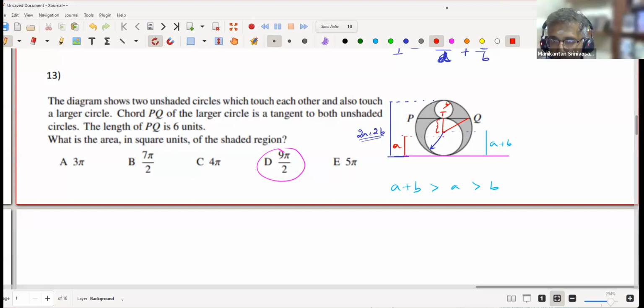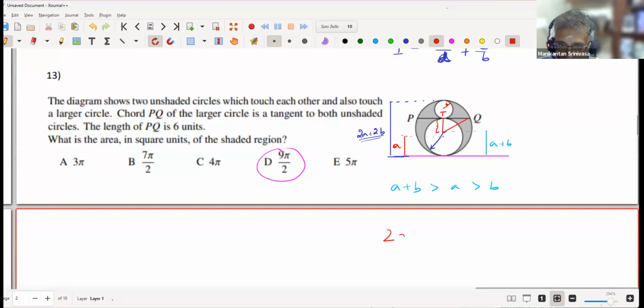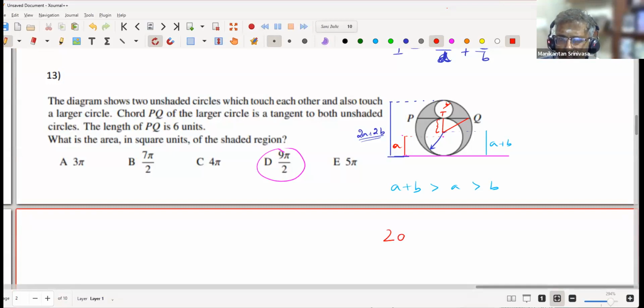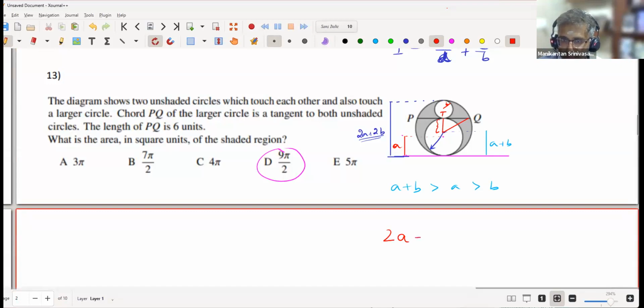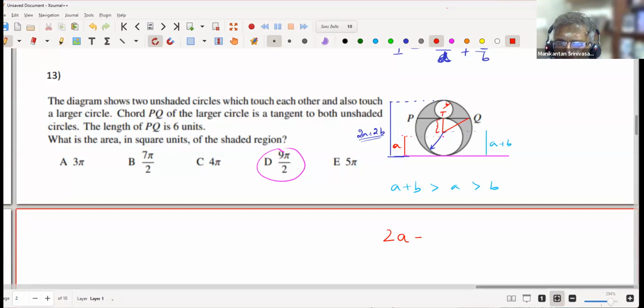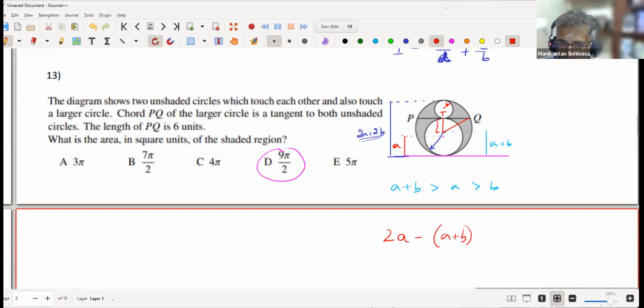Essentially, it's the diameter of the big white circle minus the radius of the big circle, which is A plus B. I'll repeat it once more.